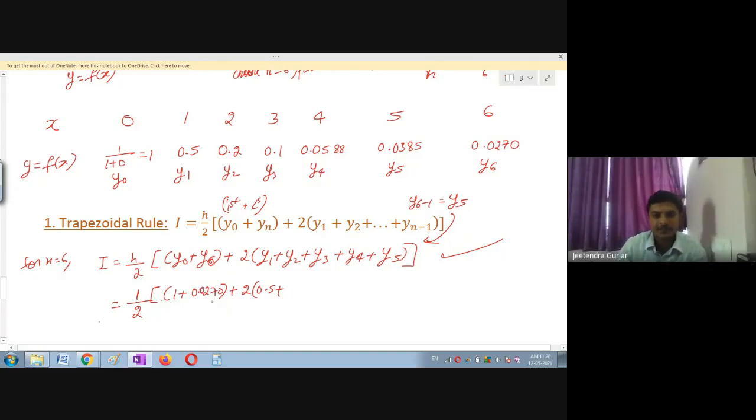In a hurry, I made it 0.270; it is 0.0270. Okay, so plus 2 in the bracket 0.5 plus y2 is 0.2, beta. Then y3 is 0.1 plus y4 is 0.0588 plus y5 is 0.0385. Just add and tell me the answer.